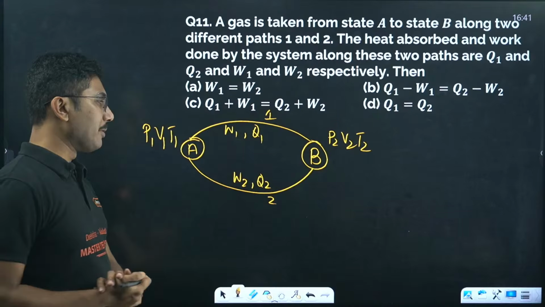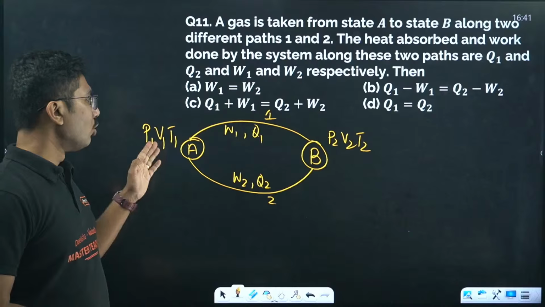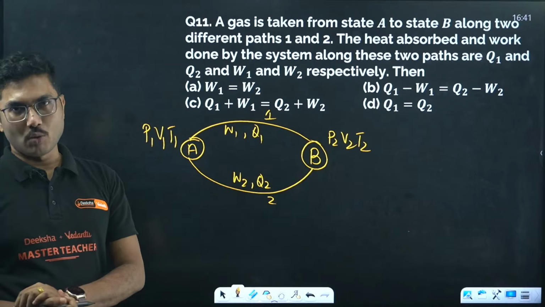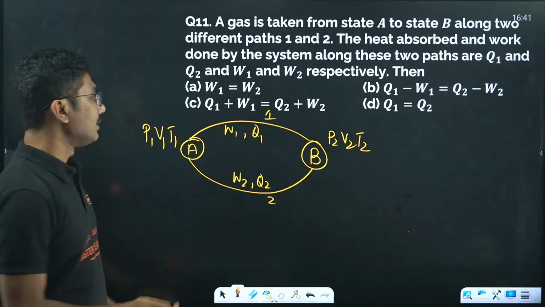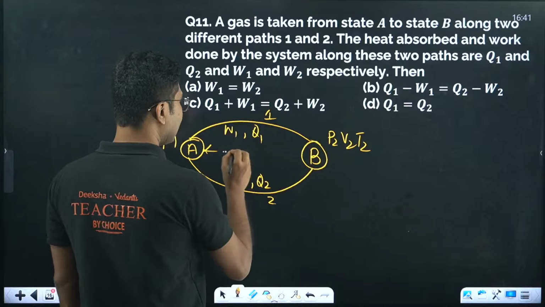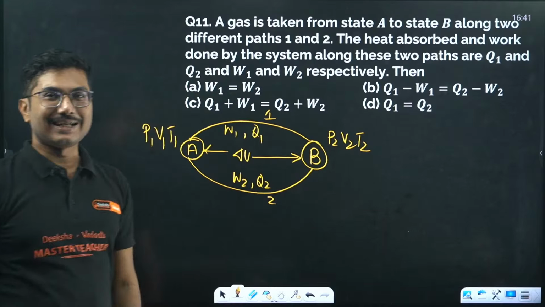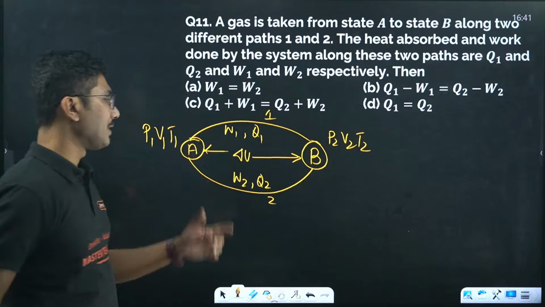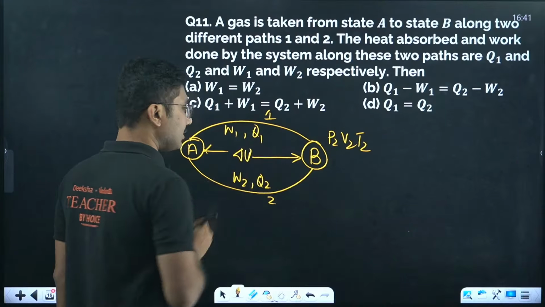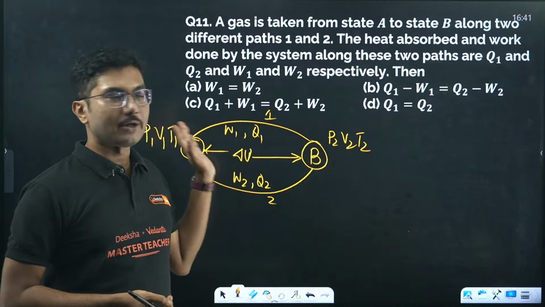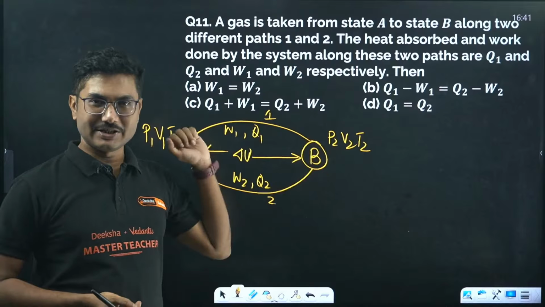Now remember one thing, that no matter which path a gas takes to reach from one position to another, the change in its internal energy will always be the same. Internal energy change does not depend on path. Okay, internal energy change will always depend on the final state and initial state.